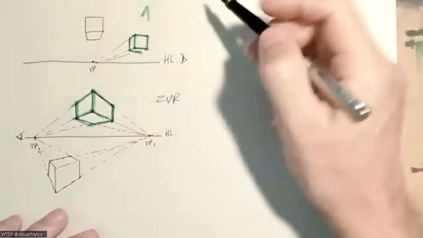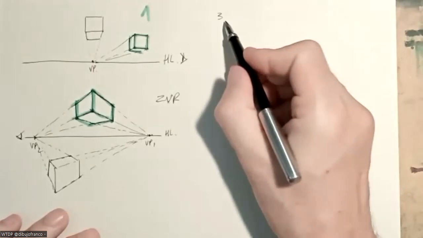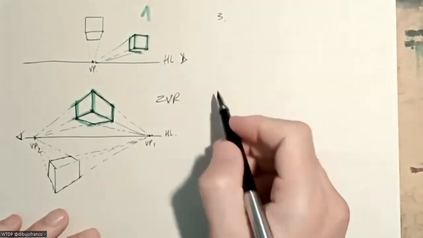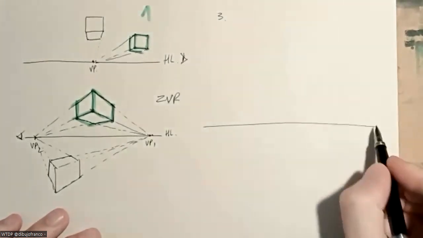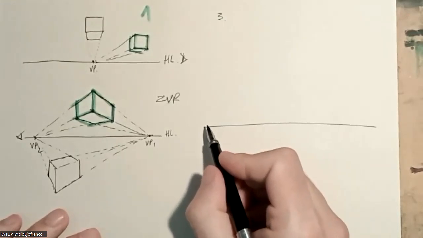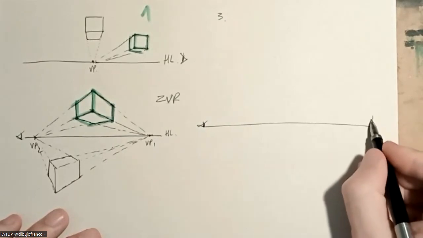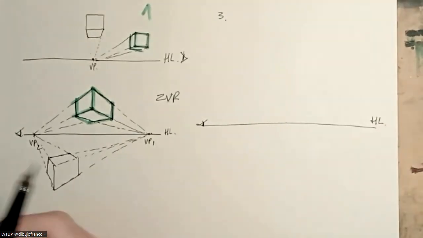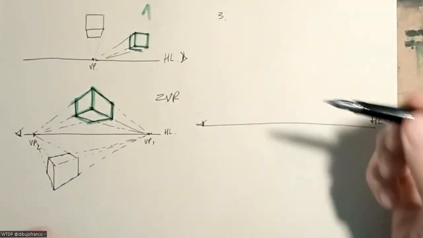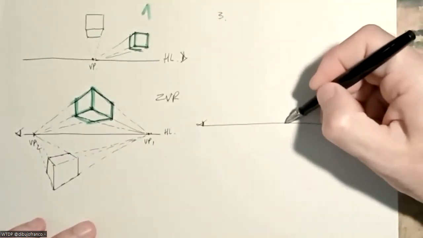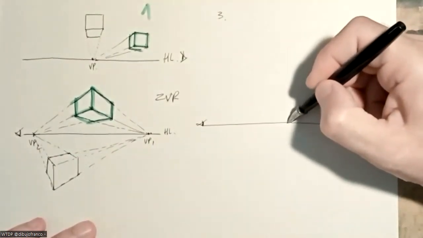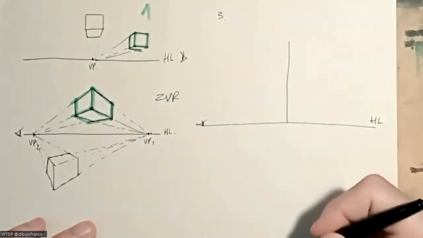And the third case, when we have 3 point perspective, is when we have the three sets of lines that are not parallel. They have an angle. So suppose that here is my eye level, horizon line. Yes, horizon line. And then suppose that I would be on the floor looking at a building.